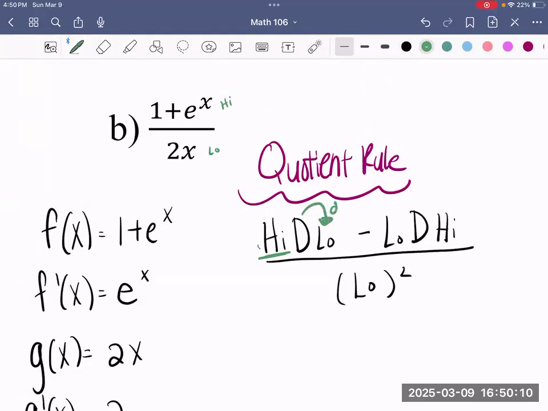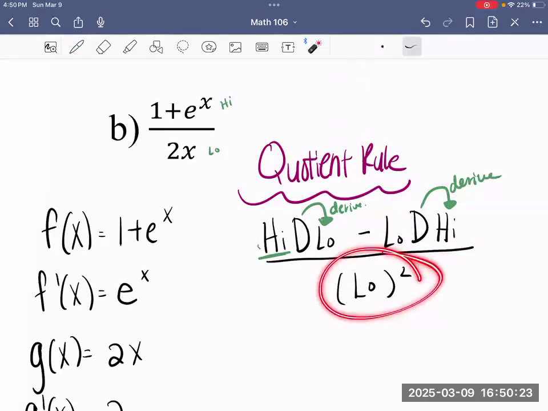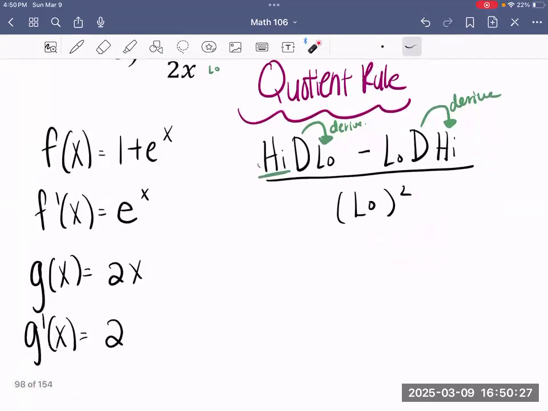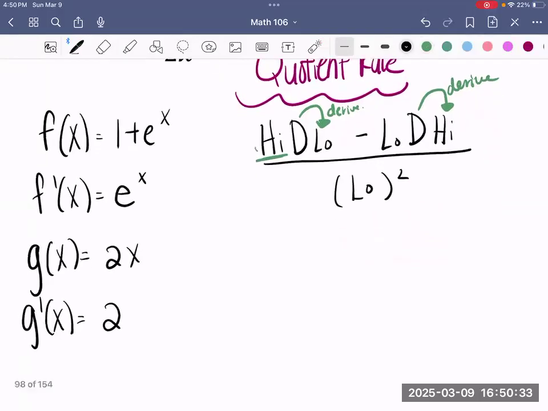And then you multiply by the derivative of the lower of the two. And then you keep the lower of the two the same, and then you derive your first one, and then you keep the lower one squared. So if you like that, and it's a little bit easier to understand than the quotient rule that I typically write out, then there you have it.